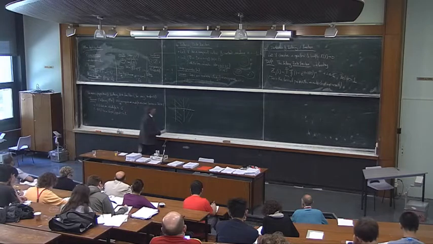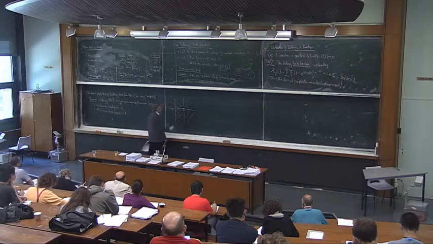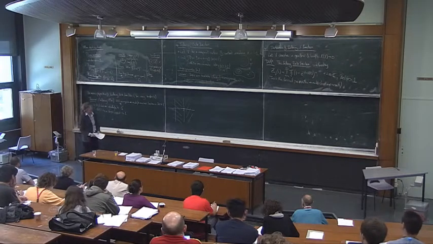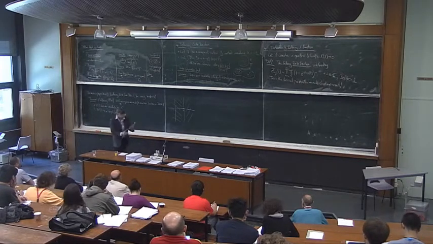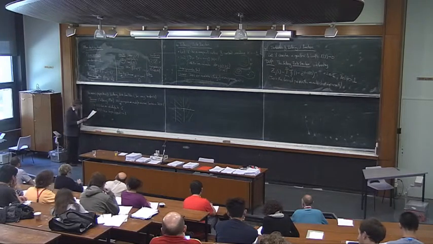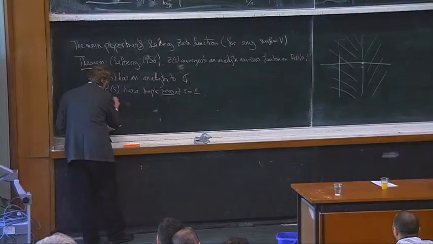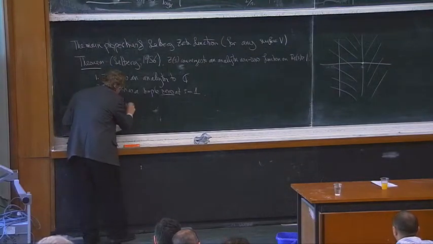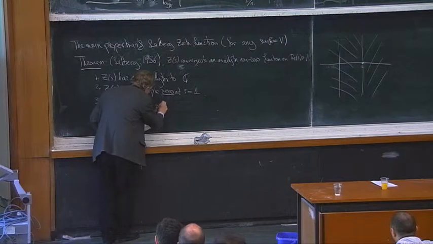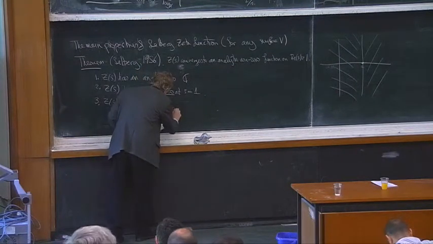So for the Riemann zeta function it was a pole. Now it's a zero. Well, it's not much difference. Maybe not so surprising since we didn't put a minus 1 at the top. And thirdly, in fact, zeta of s has no more poles or zeros.